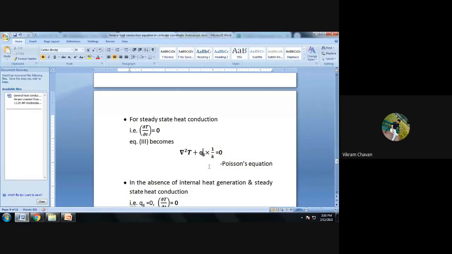You can directly write it as Qg divided by K, no issue. So del square T plus Qg divided by K is equal to 0, which is called Poisson's equation. Remember the condition and also the equation; both are important. After applying the steady state condition to the general heat conduction equation, we get this equation.